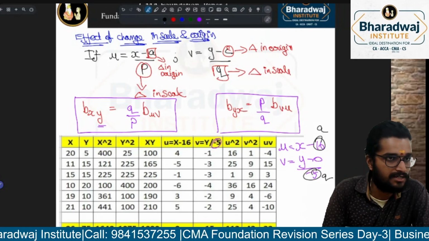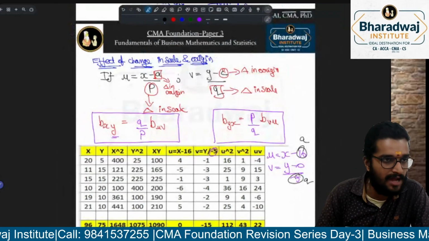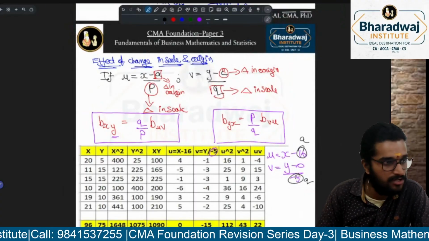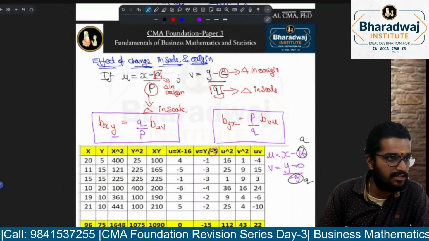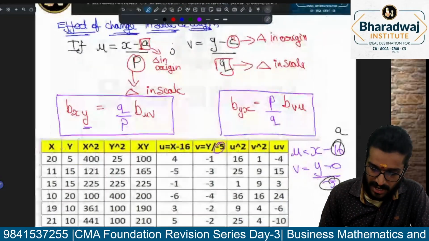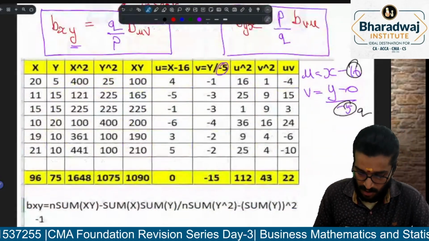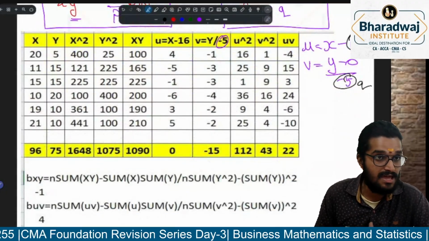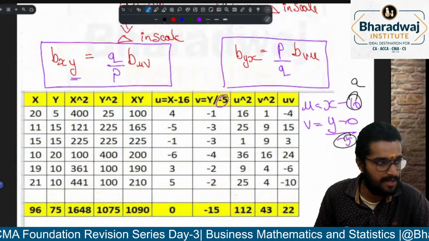Is there an impact of change in origin in BUV and BVU? No. There is no impact of change in origin. There is only an impact of change in scale. Now we have found BXY. What is the formula for BXY?